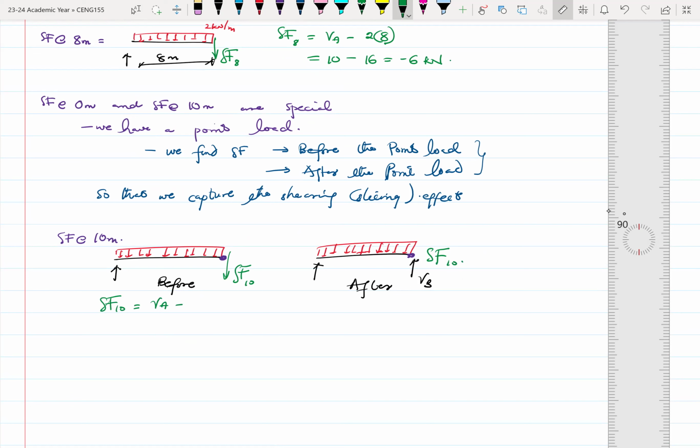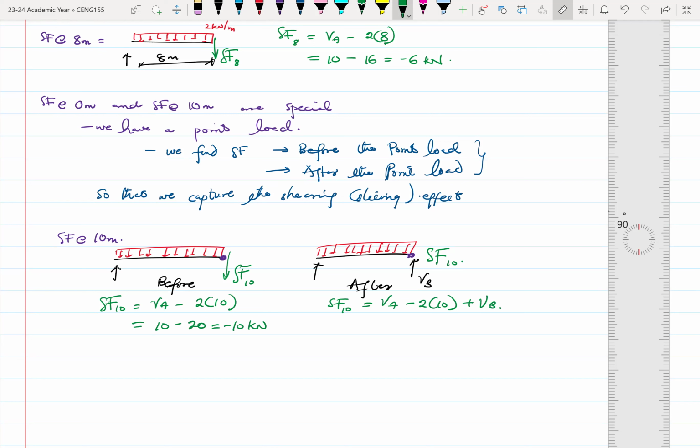VA minus 2 times 10. So that'll be 10 minus 20. That'll give us minus 10 kilonewtons. Then for the second option, it becomes VA minus 2 times 10 plus VB. Here I'm still using the sign conventions: if it's on the left of the point of interest and it's upward, it's positive.